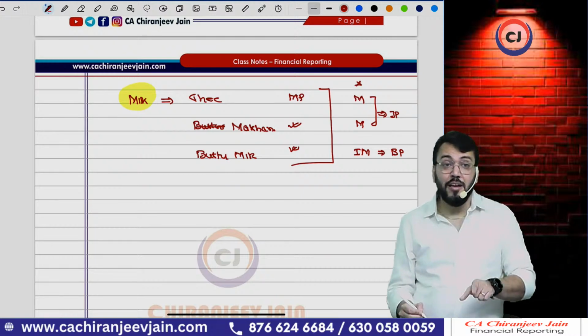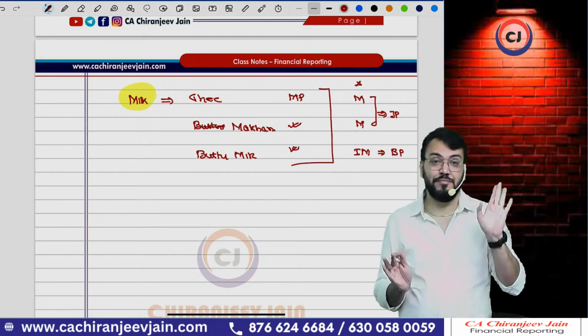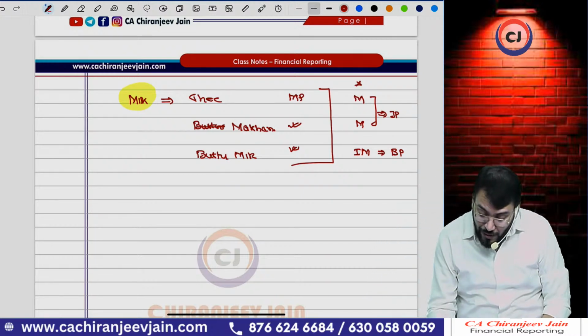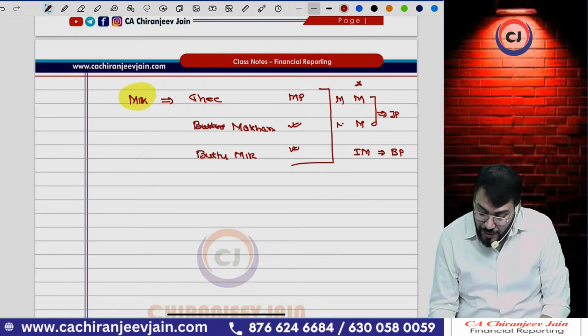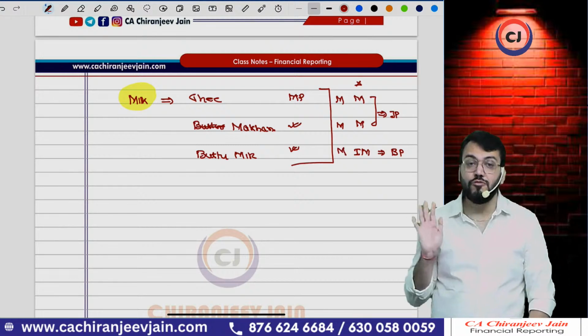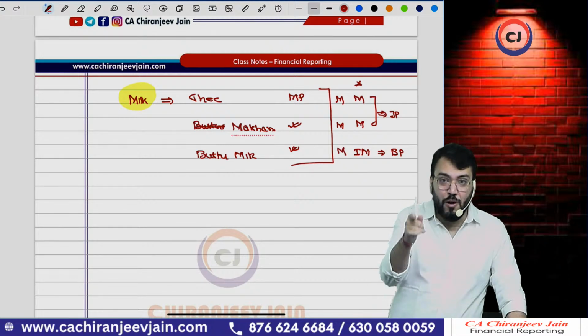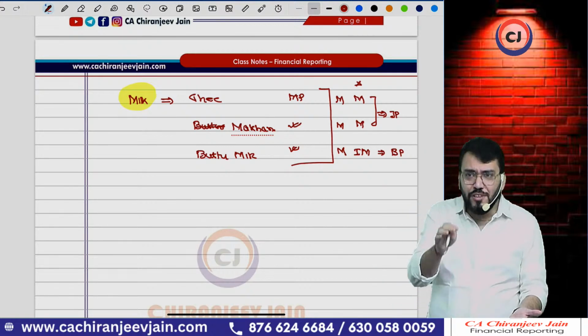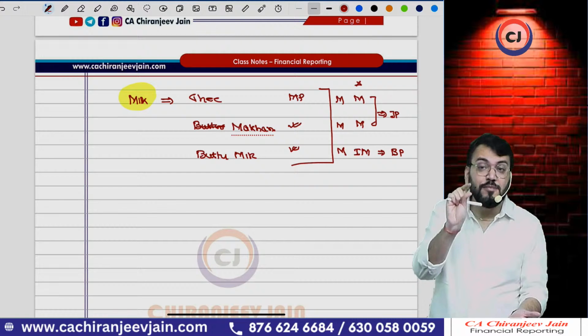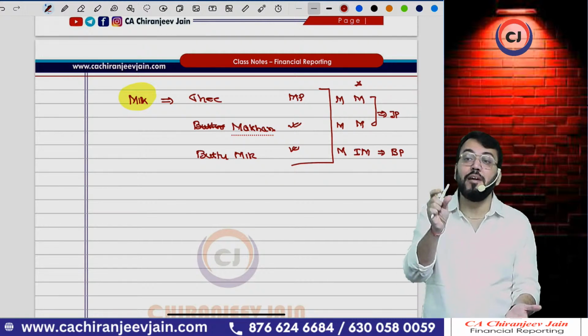Means you need to identify whose value is immaterial. Suppose all are material, then all are joint products. Means from the accounting point of view, you need to find out which one is material, which one is immaterial.